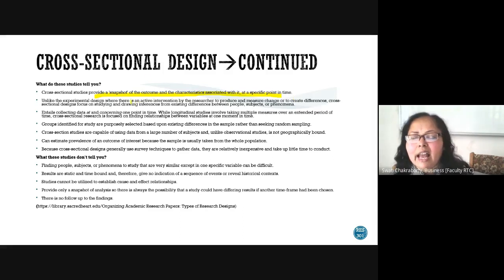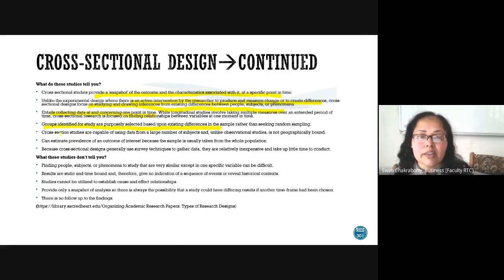There is no active intervention by the researcher to produce and measure change or create differences. It focuses on studying and drawing inferences from existing differences between these groups. It helps in collecting data concerned with one point of time. The groups identified for study are purposely selected based on the existing differences in the sample.